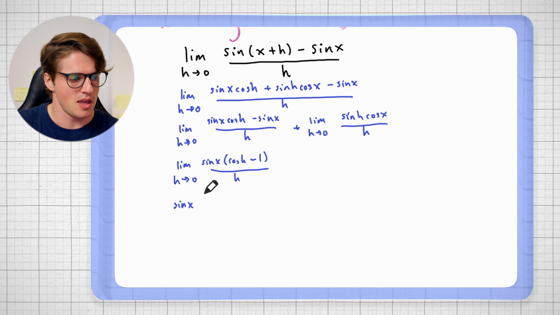So we can replace the numerator with negative sine squared h. We have sine x, the limit as h goes to 0, negative sine squared h over h times cosine h plus 1.